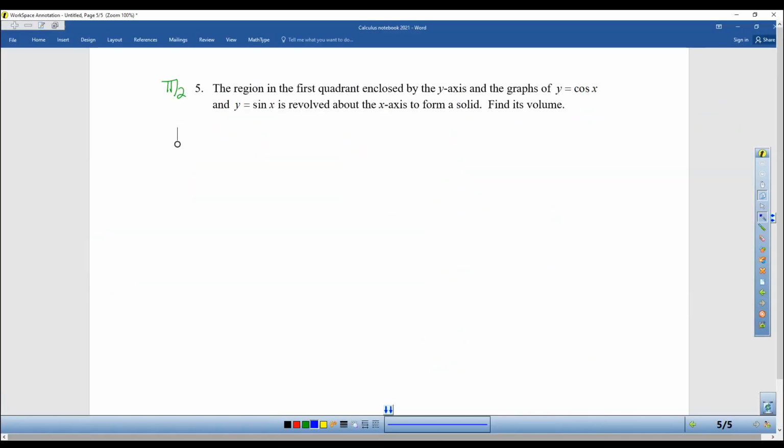Last one. The region in the first quadrant enclosed by the y-axis and the graphs of y is equal to cosine of x and sine of x is revolved around the x-axis to form a solid. So you can draw this better if you know where they're going to intersect. So sine, of course, starts at 0, goes up to 1, and then goes back down to 0 and keeps going.